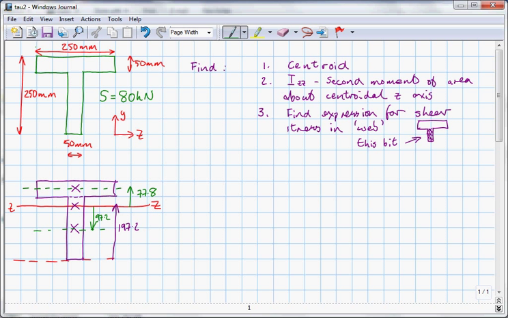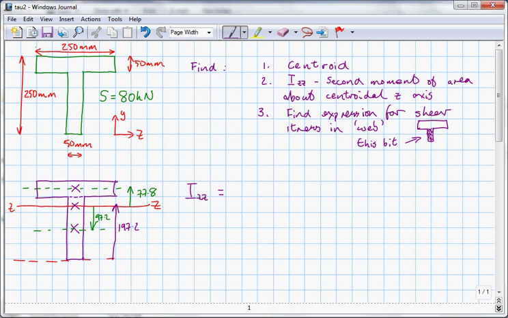So the total IZZ is equal to some contribution from that top rectangle. So the contribution here is equal to the second moment of area about the green dotted line for the top rectangle.